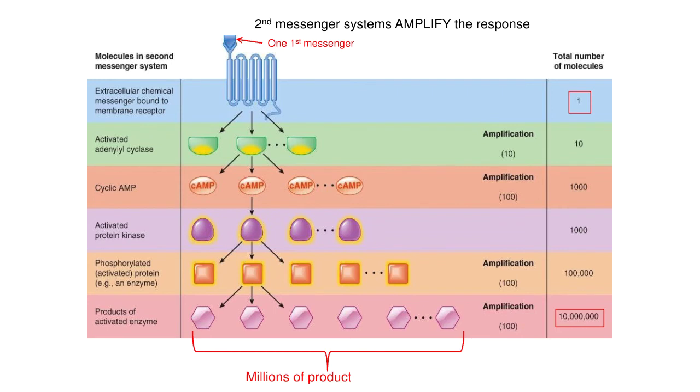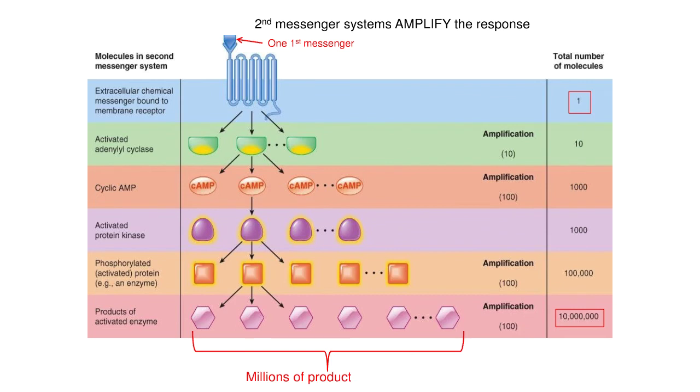So I just want to explain a little further about this cascading effect. Okay, what it's doing, a cascading effect, is producing amplification of the response. If you amplify something, you increase the amount of it, right? And so the point here is by just taking one chemical messenger, one first messenger on the outside, and stimulating that G protein, that can actually stimulate several adenylyl cyclases, each one of those can activate cyclic AMP and activate several cyclic AMP.